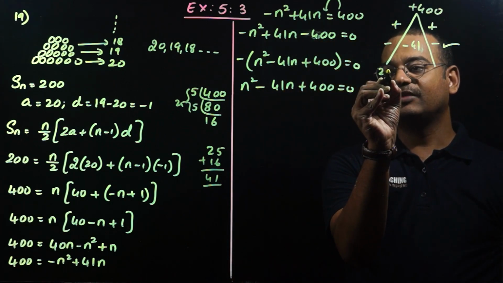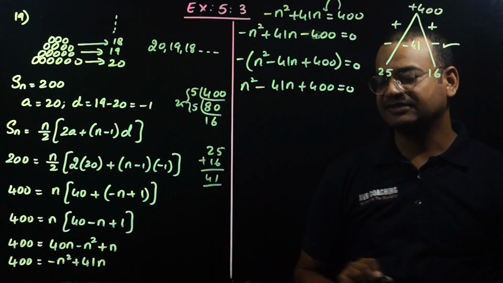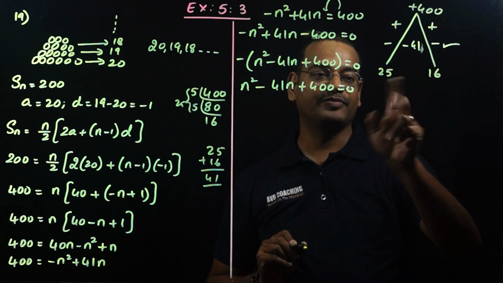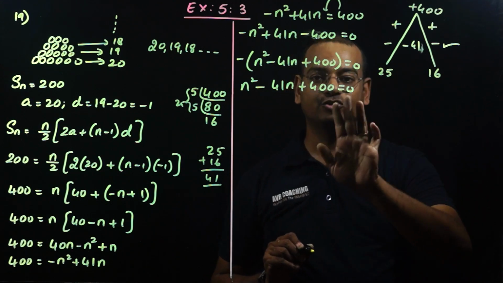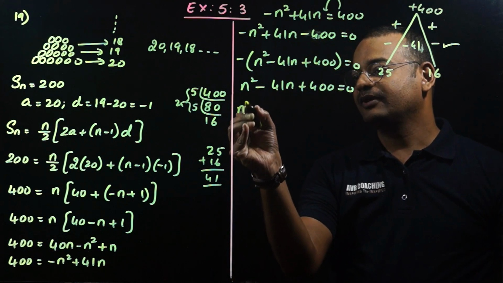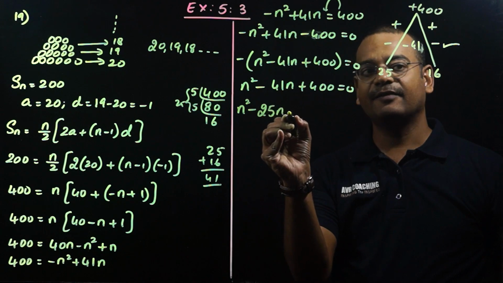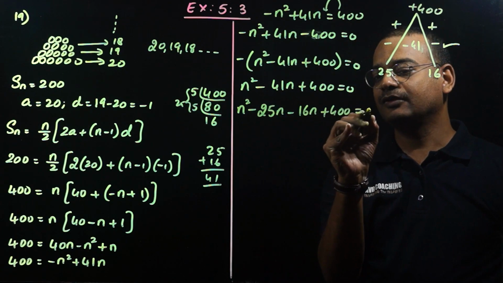So when you split the middle term, the numbers are 25 and 16. You have to remember that 25 is the bigger of the two numbers, so 25 should be written first when you are splitting the middle term. So this will be n square minus 25n minus 16n plus 400 is equal to 0.